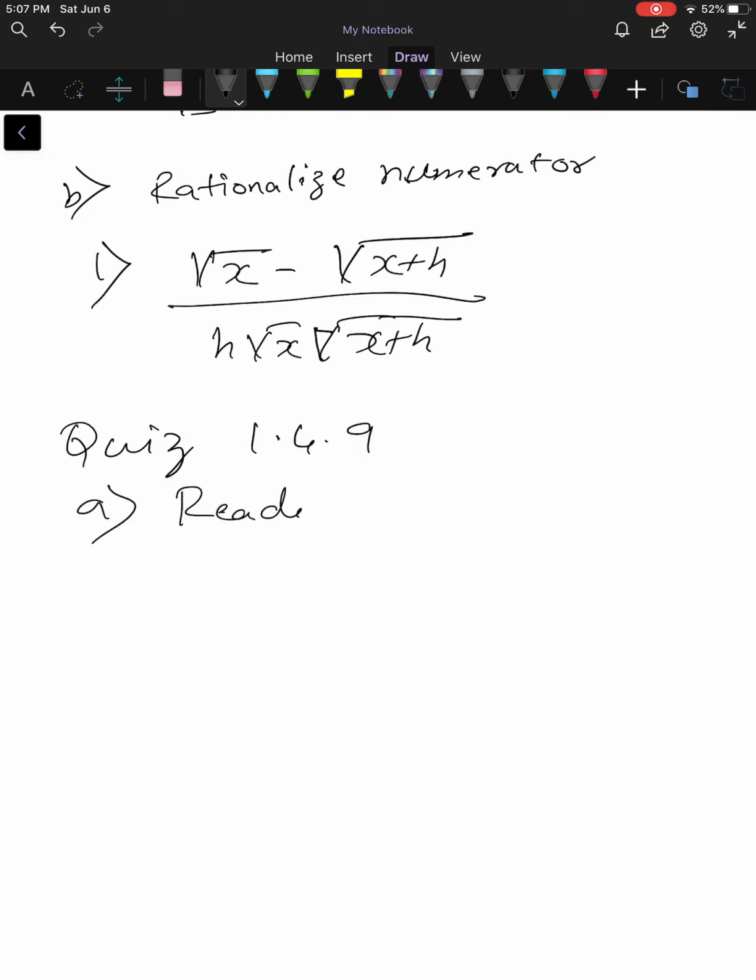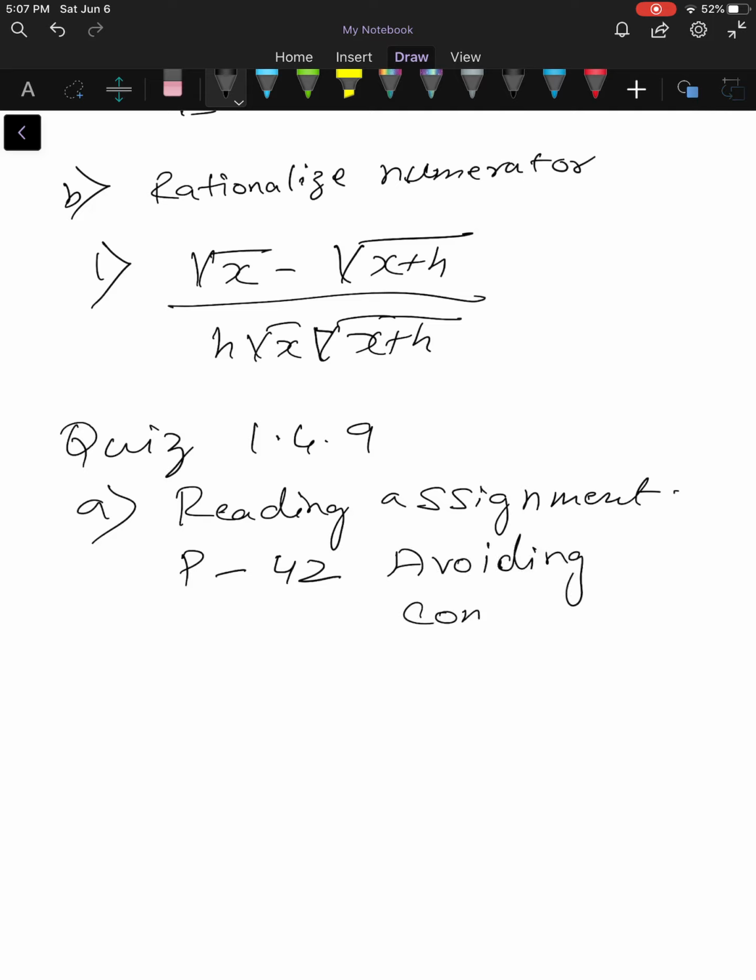That would be, first one, a reading assignment in your textbook where they have discussed all types of errors possible while solving rational expressions. That is on page 42, which says avoiding common errors.